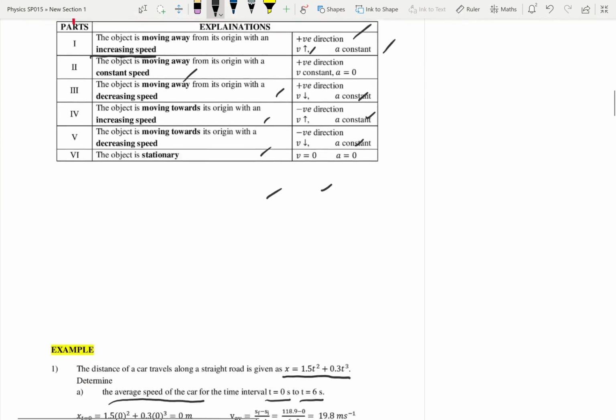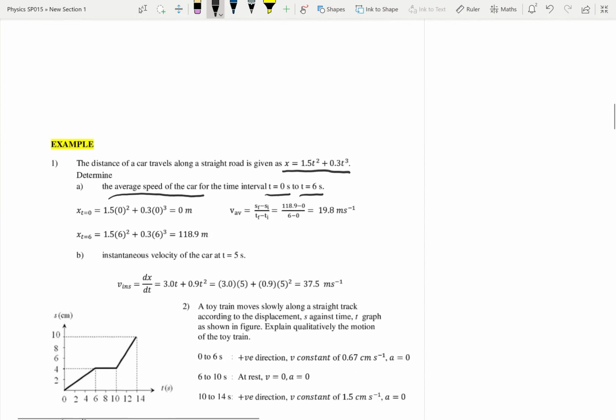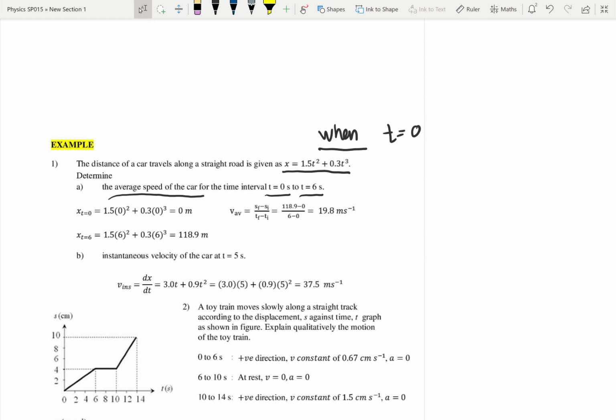So for speed, you can determine the distance. You may substitute for t0. When t is 0, what is the value of distance? Just substitute t0 into this equation, then you can determine the distance at t0.